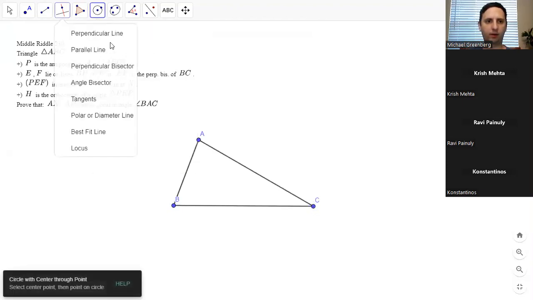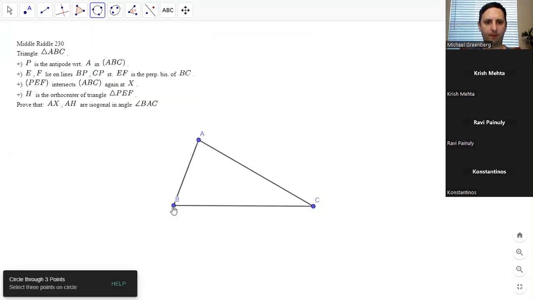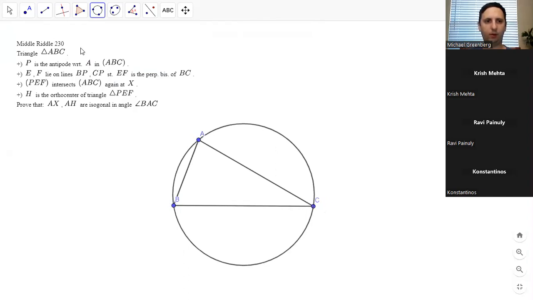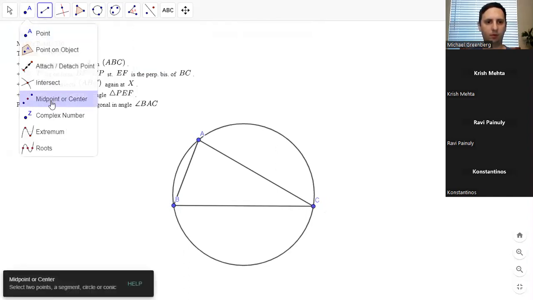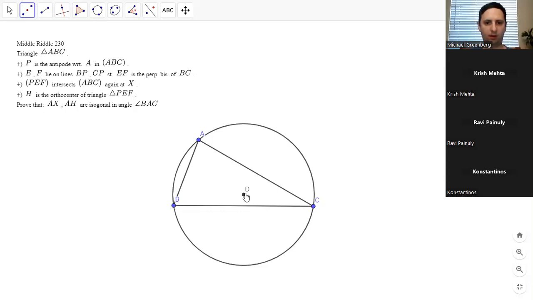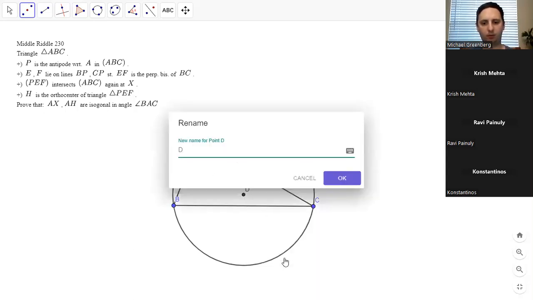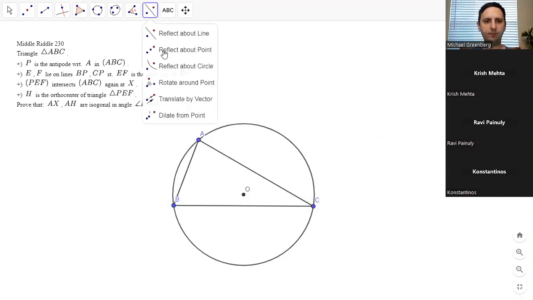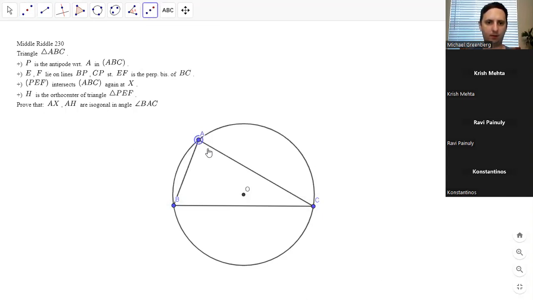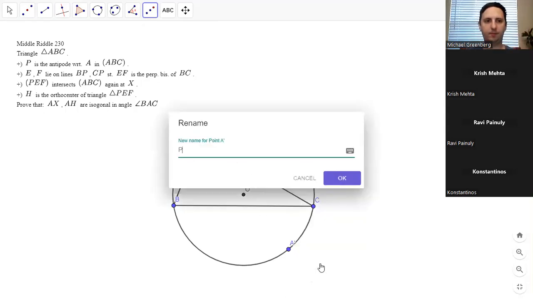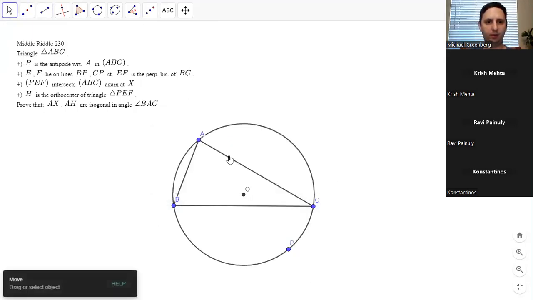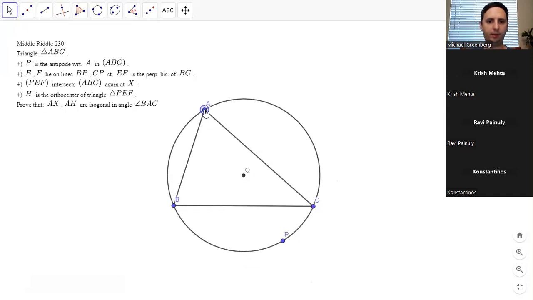So let's draw the circumcircle, and the center of it, we could call it O. And if we reflect A about O, we get point P. All right, so this is point P. And then we draw BP and CP.